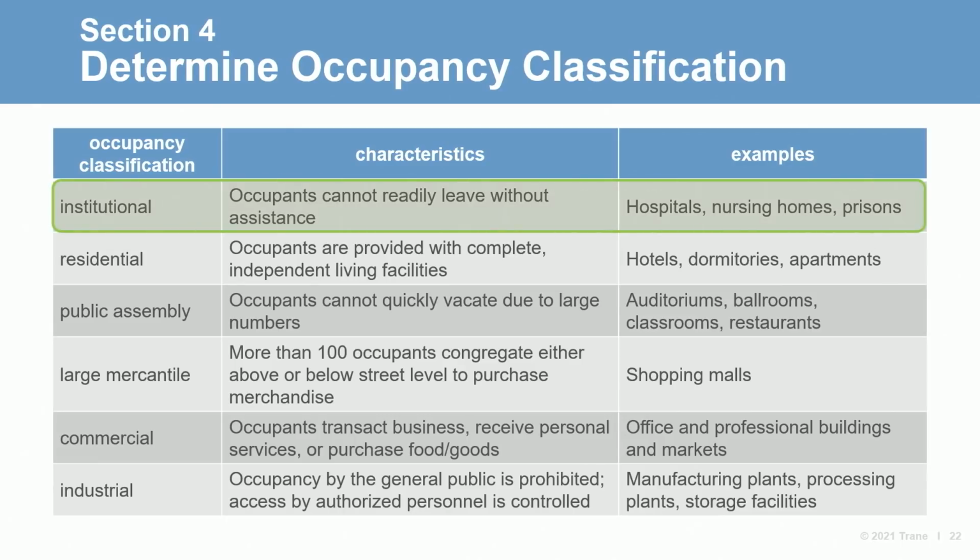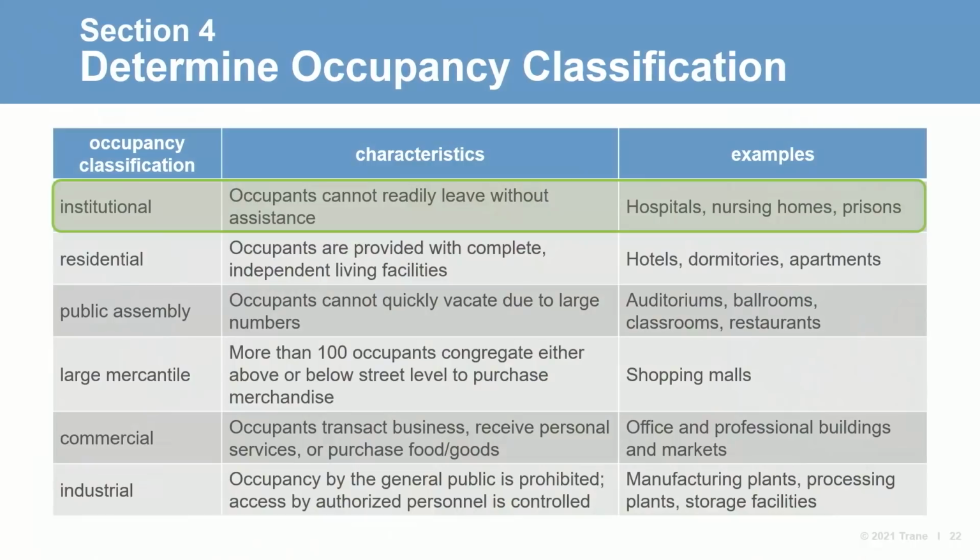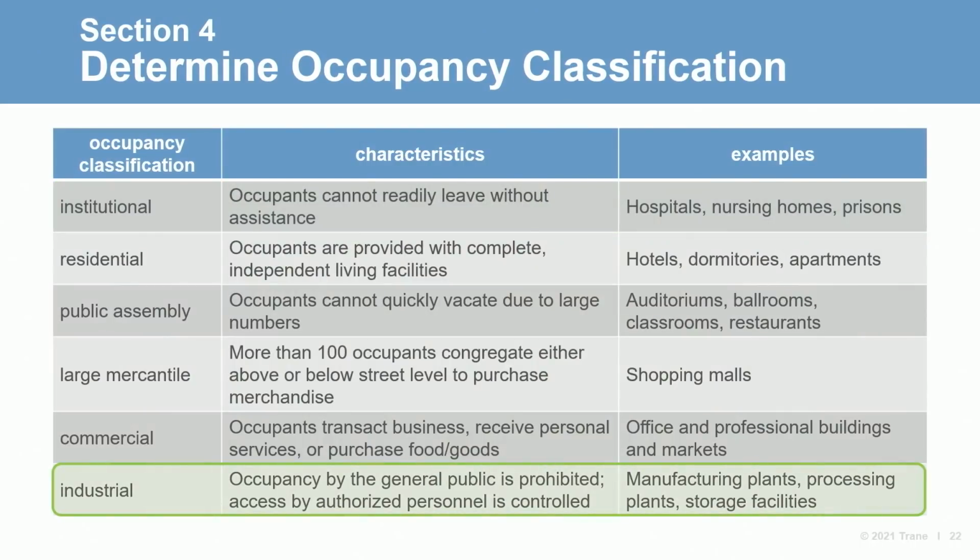For example, the institutional classification includes facilities where occupants may have difficulty evacuating, such as hospitals, nursing homes, or prisons. As you'd expect, the refrigerant safety rules are more restrictive for these types of buildings. But industrial facilities are at the other end of the spectrum. Because access to the building by the general public is typically prohibited, the safety rules tend to be less restrictive.